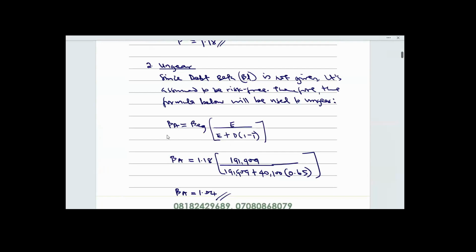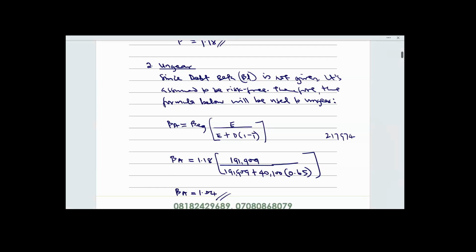You start from the denominator, which is 0.65 multiplied by 4,100, then plus 191,909, equals 217,974.